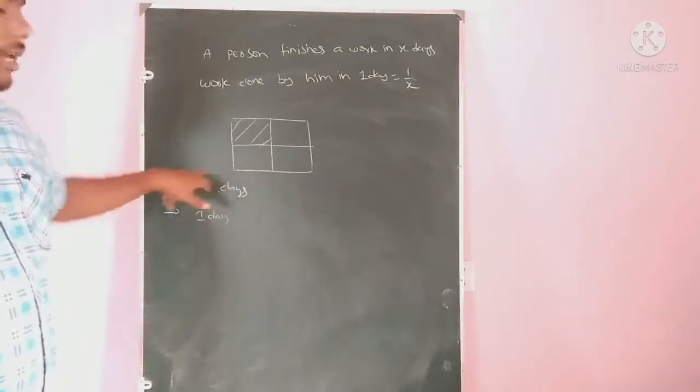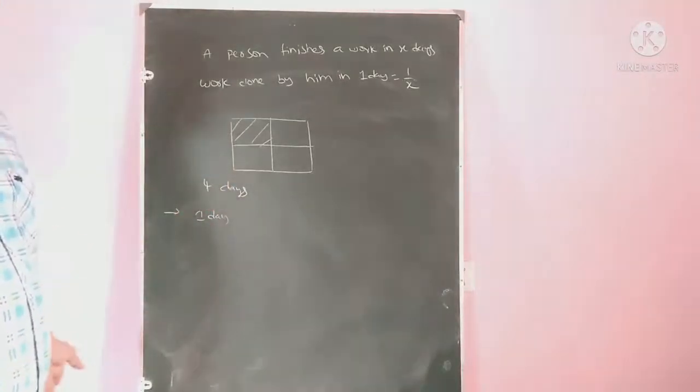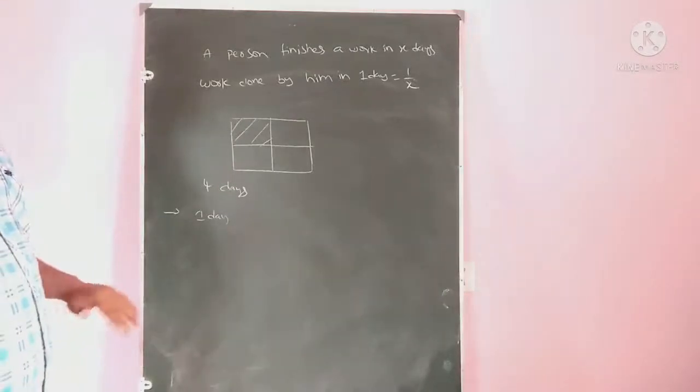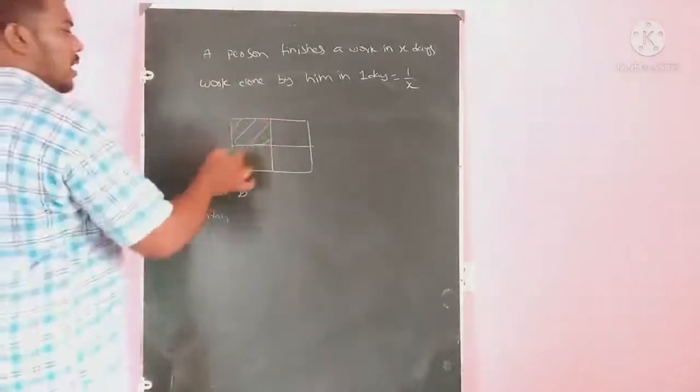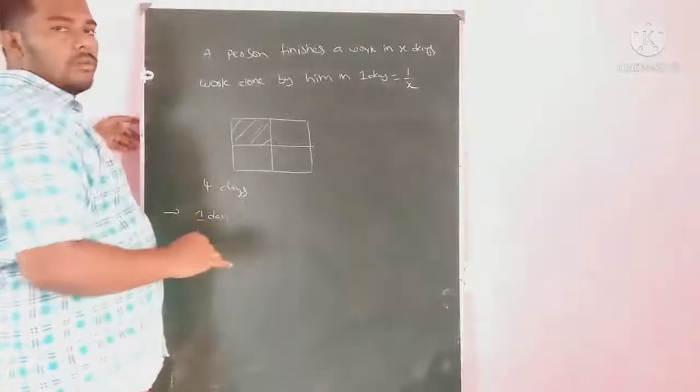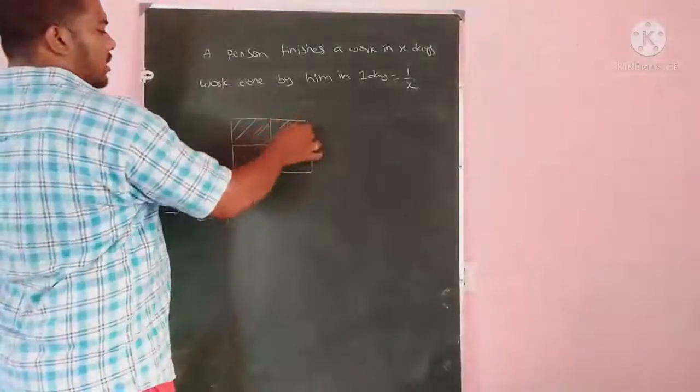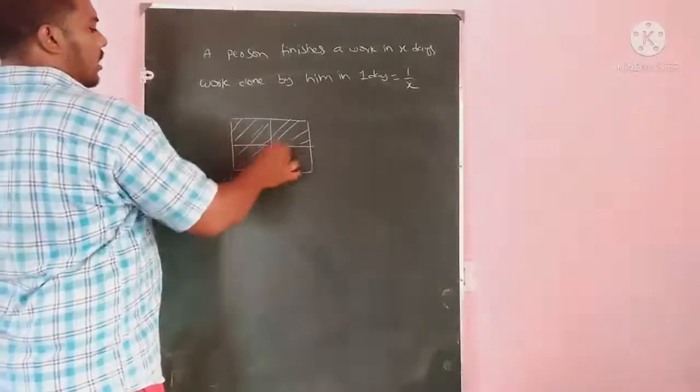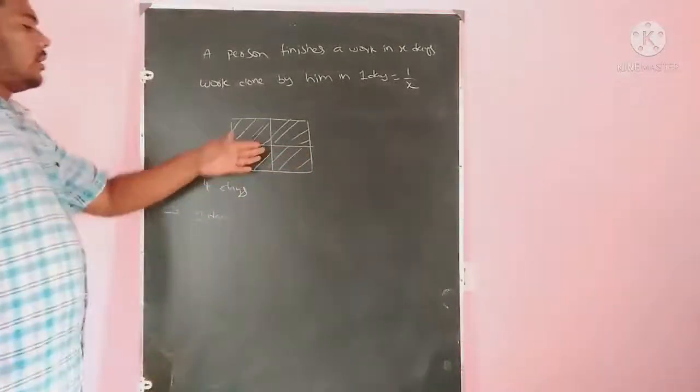If you are completing the work in 4 days, you divide the work into 4 parts, so each part is done in each day. You finish the first part in 1 day, the second part the next day, the third part the next day, and afterwards the fourth part the next day.